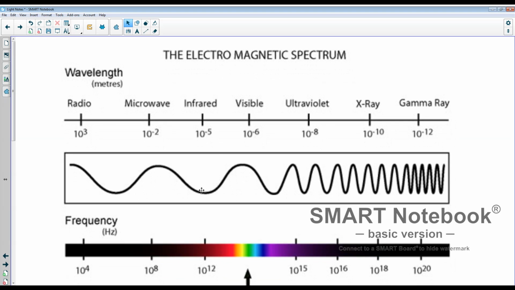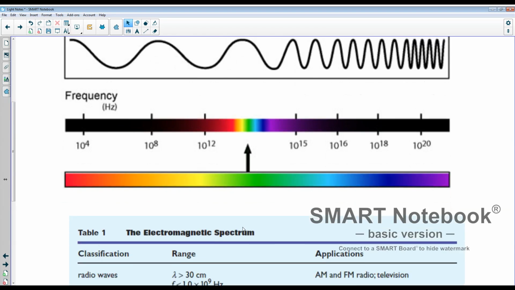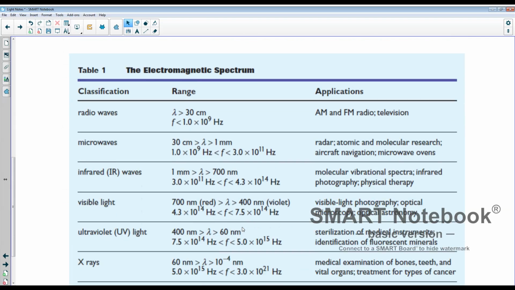So visible light is a very small band of light. If I go back up, it's really only 700 nanometers for the lowest, darkest red light on the verge of infrared to 400 nanometers for violet light on the verge of ultraviolet.